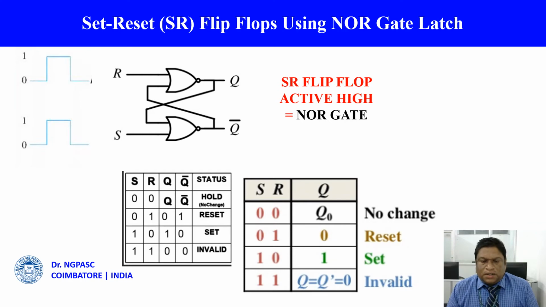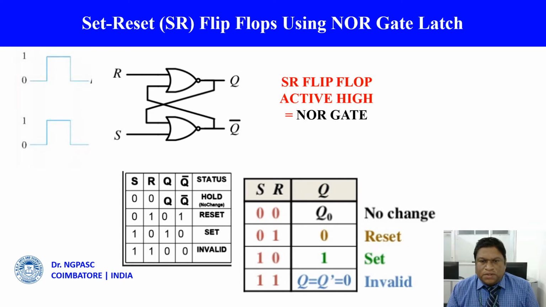When we change the reset value to 1, with S equal to 0, the signal changes from 0 to 1, and we get an output of 0, which means the SR flip-flop is going to the reset state, or Q is going to the 0 state, which means Q bar is equal to 1.